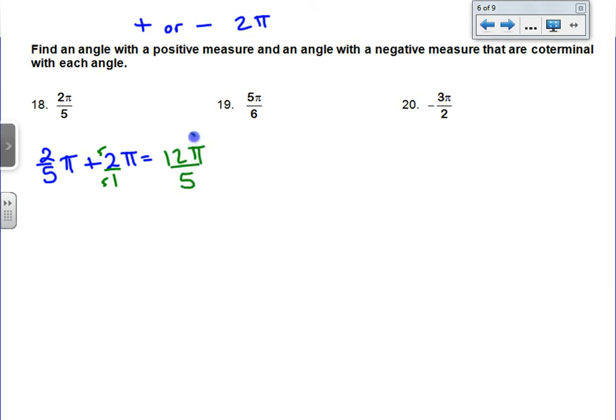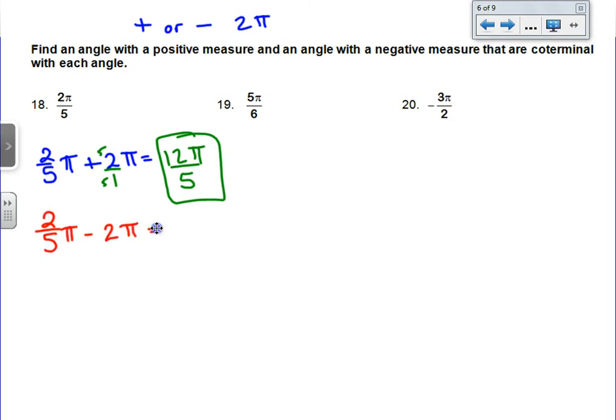Did I do that right? Now, if you didn't want to do that in your head, just do 2/5 plus 2, math, enter, enter. What'd you get? 12/5. Ta-da.